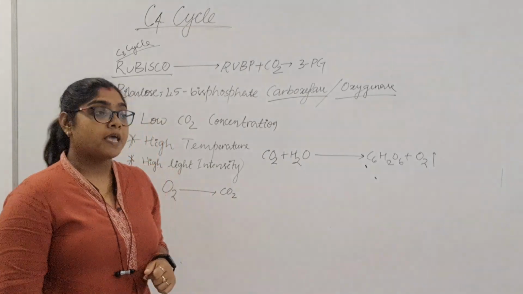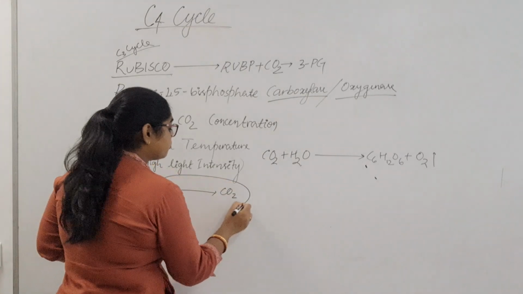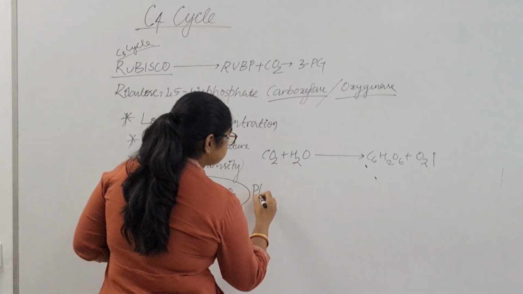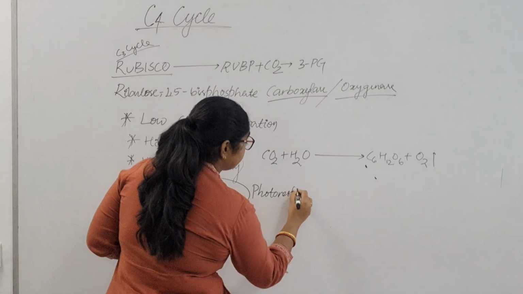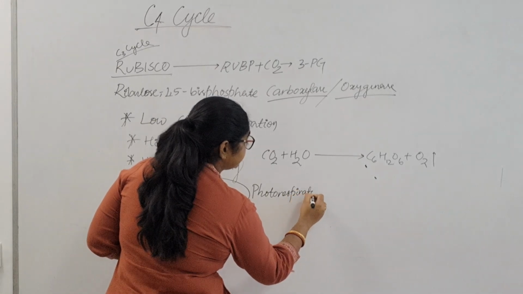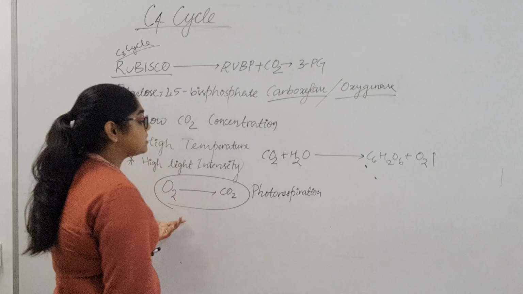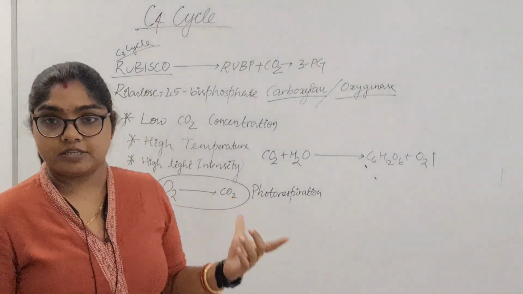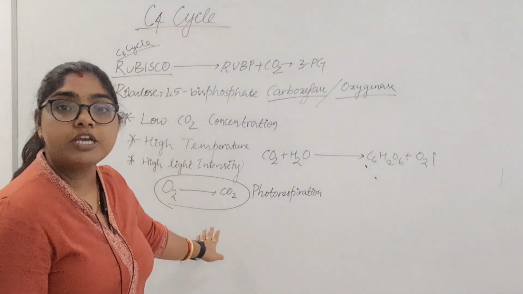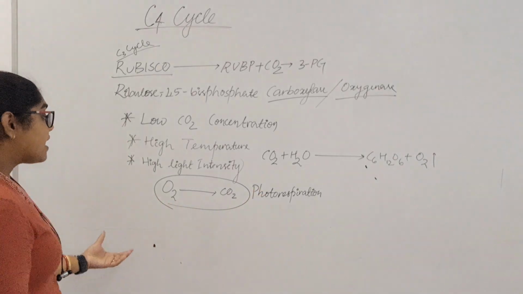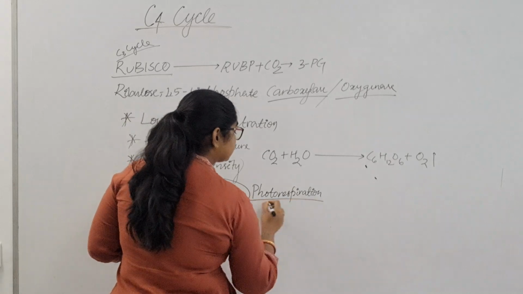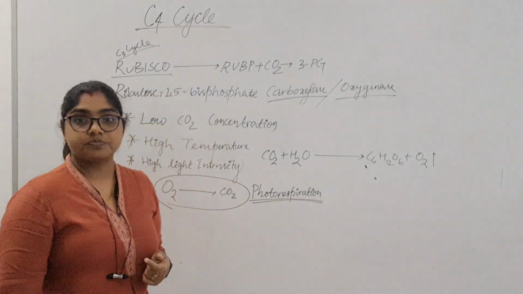This process is known as photorespiration. In this photorespiration process, it uses extra energy or ATPs, which is a waste. Regarding photorespiration, we'll discuss in the next session.